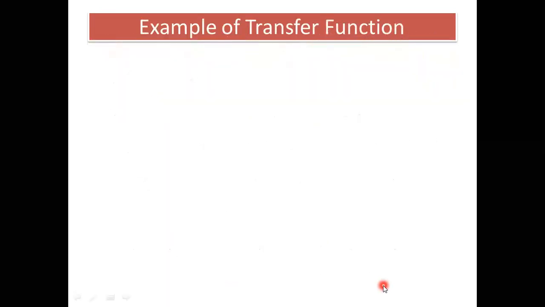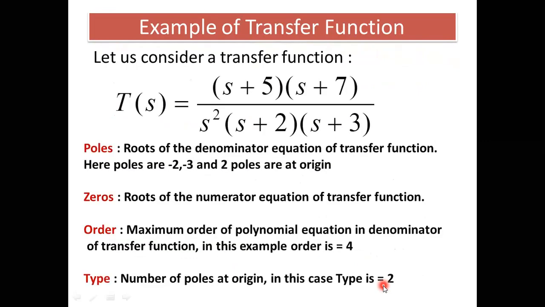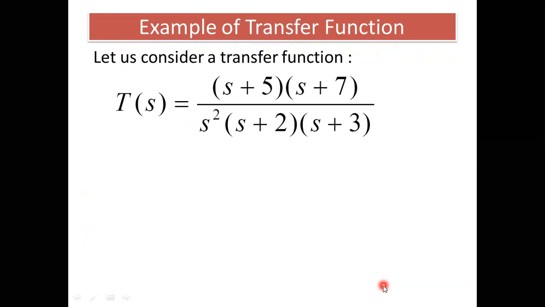So there are various advantages and disadvantages of the transfer function methodology. Before moving ahead to them, we should take an example of how a transfer function can be defined, what the poles are, what the zeros are, and what the order and type of the system would be.